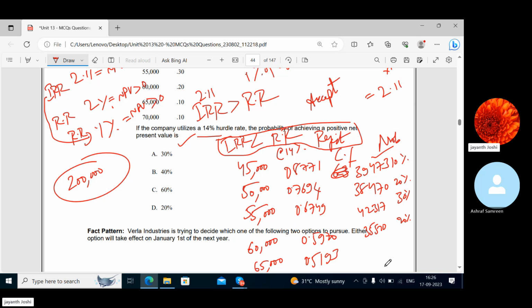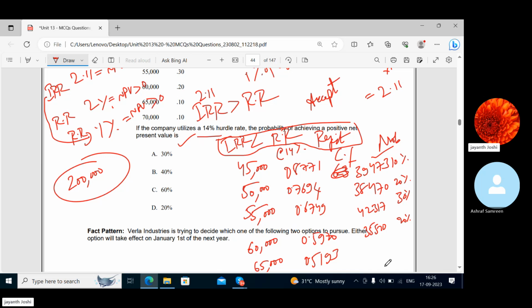Just a second. Two minutes. So probability 3.433 they are giving. We'll take the annuity factor. What is this question? Annual.